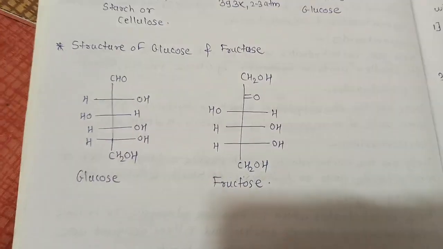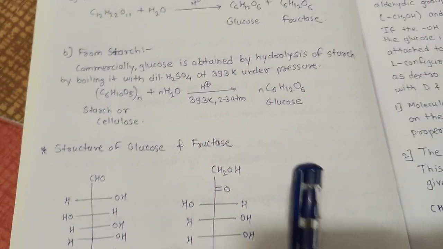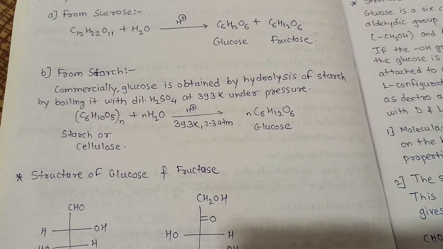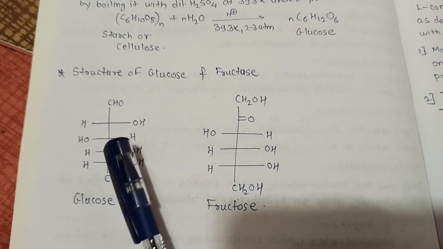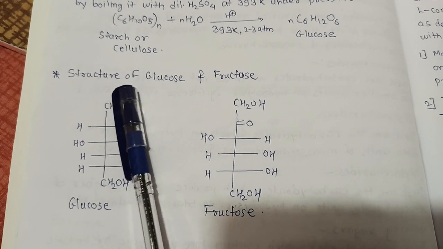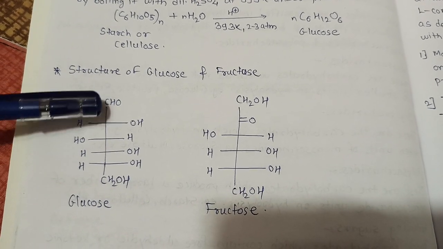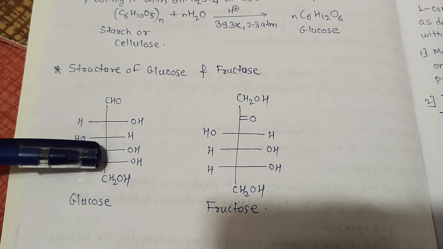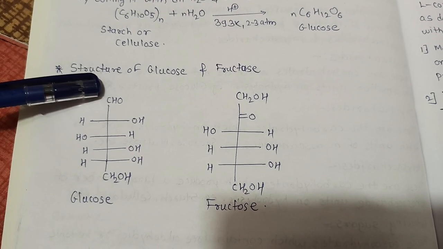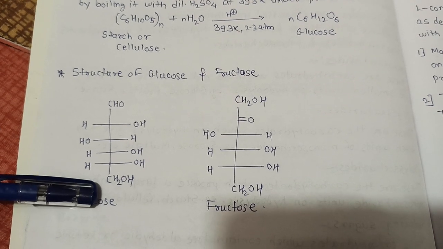Now we are going to discuss the structure of glucose and fructose. In the earlier preparation, we saw both have the same molecular formula C6H12O6, but see the structure now. How to draw the structure of glucose first? Draw 6 carbons, 1, 2, 3, 4, 5, 6. The first carbon is the aldehydic carbon CHO. The last carbon is CH2OH.